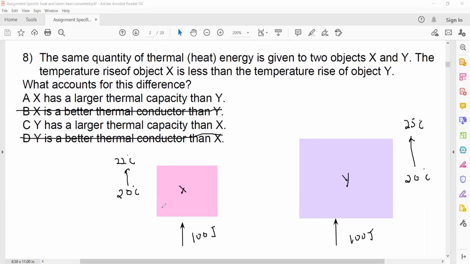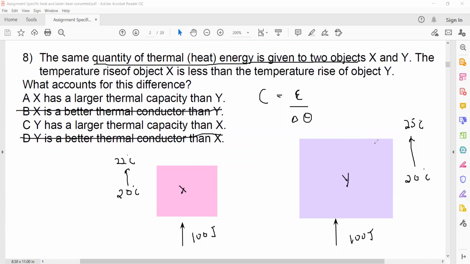So which one is having a higher thermal capacity? The formula for thermal capacity is energy divided by temperature change. In the question they mention you supply the same amount of energy.